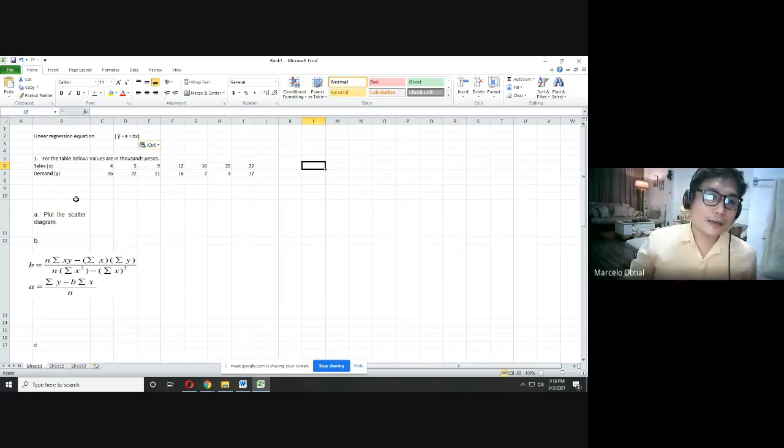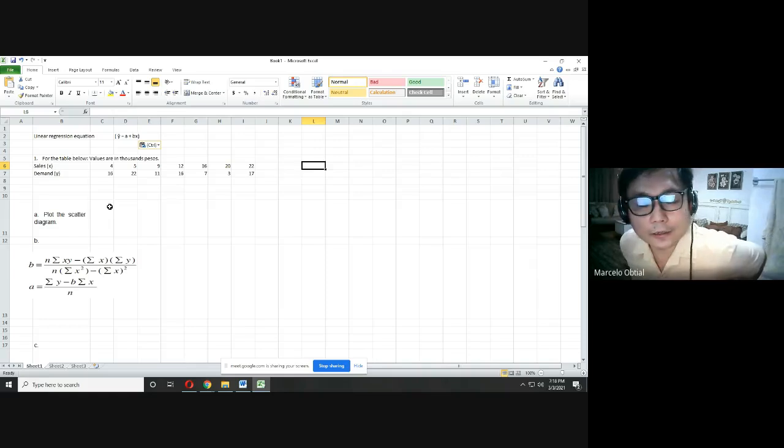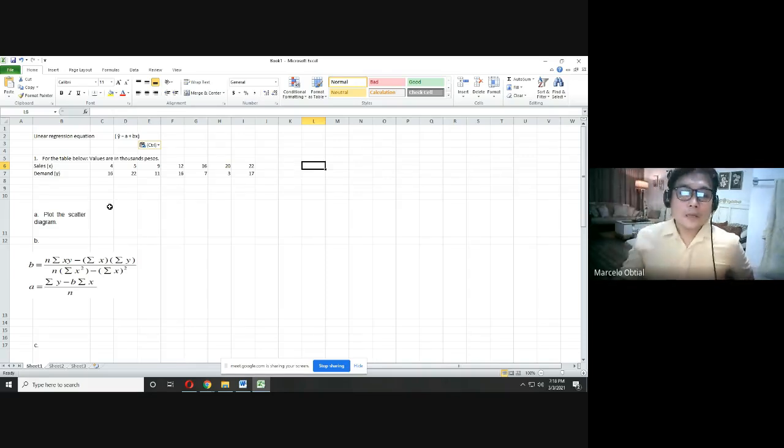So yung ating example ngayon is more on the MBA side, kasi may MBA kayo na classmates dito. Meron bang epekto yung demand doon sa sales ng kumpanya? That's the question. But first, let us know first what is the independent variable.